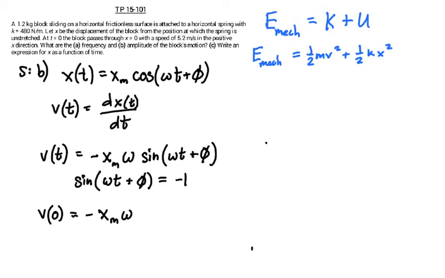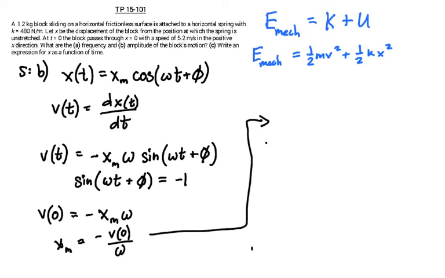Now at this point we can isolate our variable, where our maximum displacement is equal to the negative of the speed at time 0 divided by our angular frequency. And if we remember from part A, our angular frequency is equal to the square root of k over m.